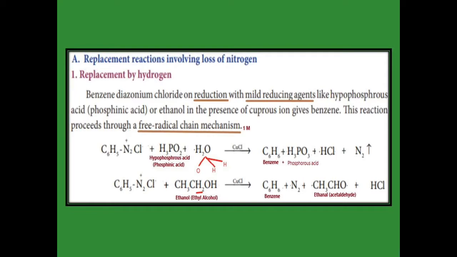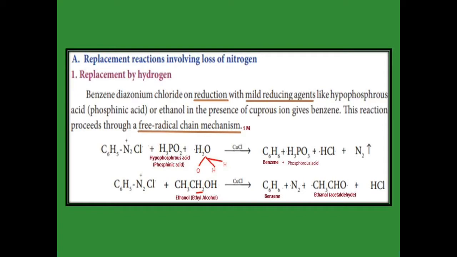Now we are going to do the reduction of benzene diazonium chloride with the help of a mild reducing agent like hypophosphorus acid, another name is phosphinic acid, formula H3PO2, in the presence of cuprous ion and water. In the first reaction, benzene diazonium chloride C6H5N2Cl reacts with hypophosphorus acid H3PO2 plus water.